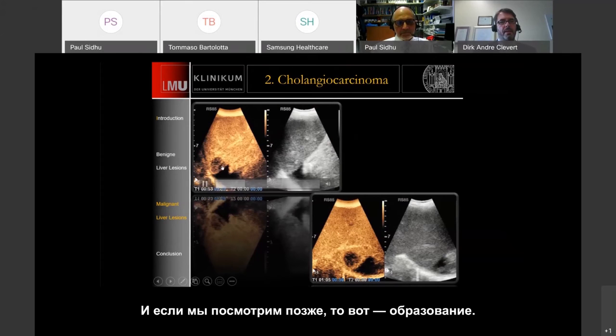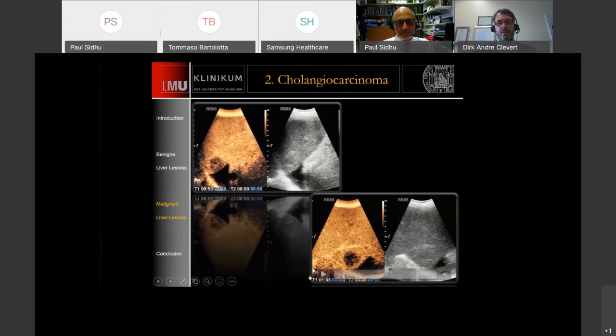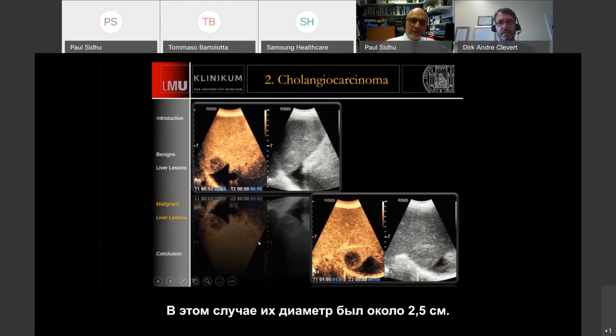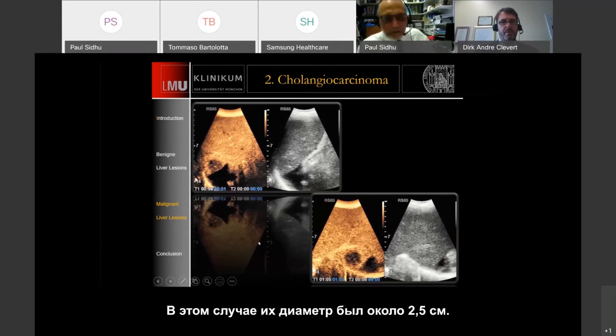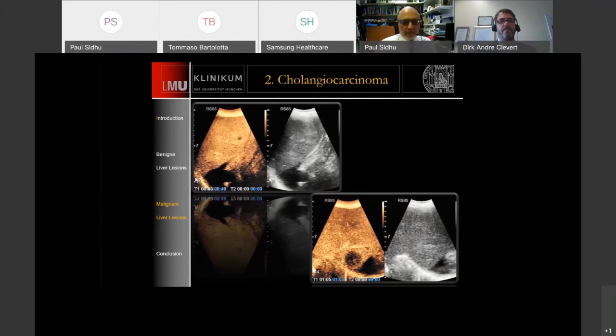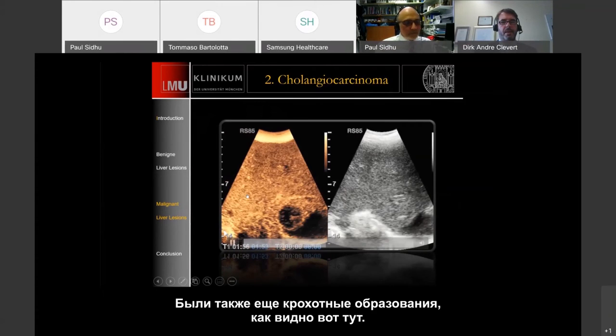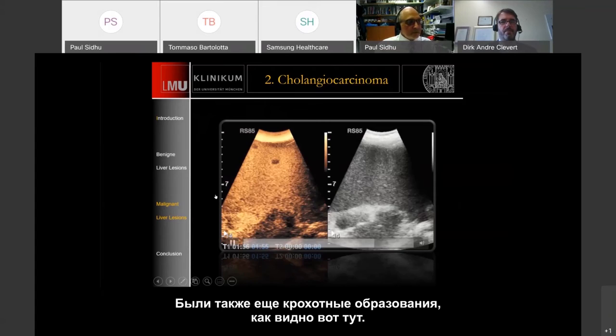And if we look later, there was another one also here. So this was also confirmed as a CCC. In this case, the diameter was roughly 2.5 centimeters. Again, late phase, clear washout. There are also some other tiny lesions as we've seen here.